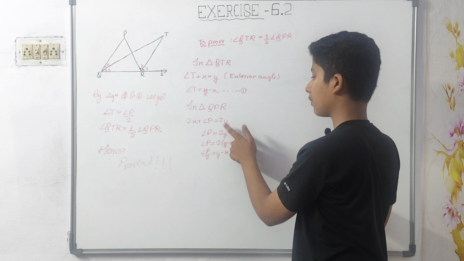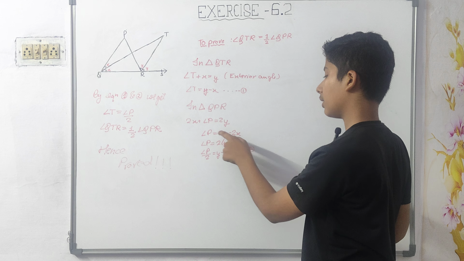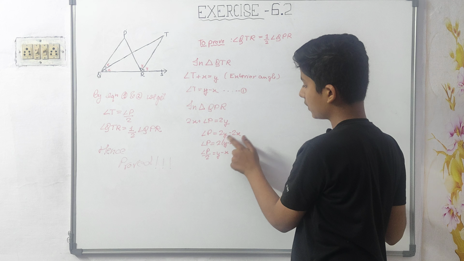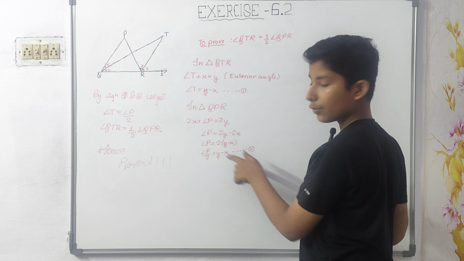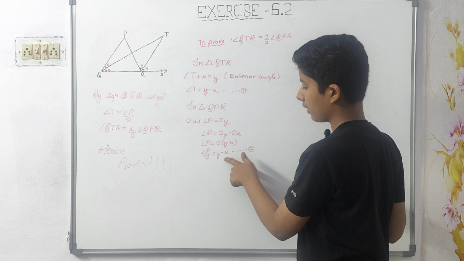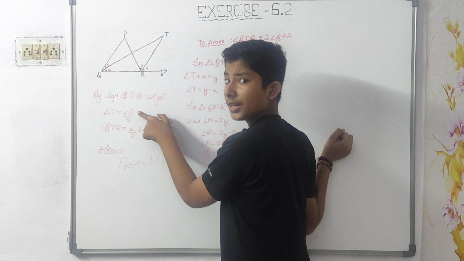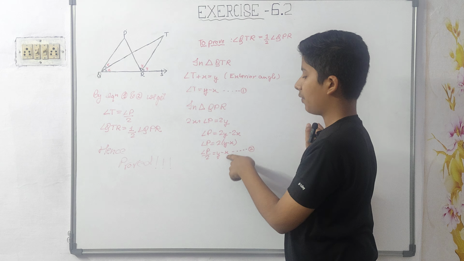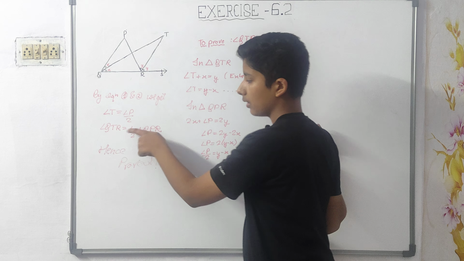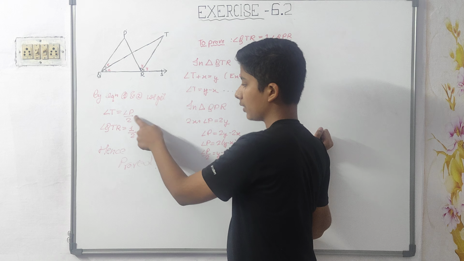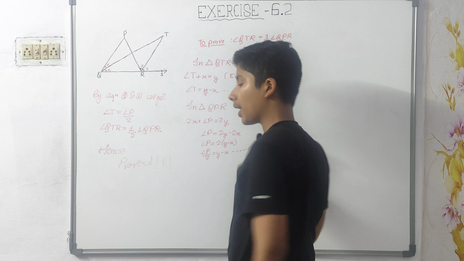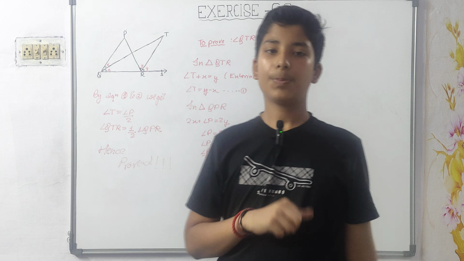So angle P equals 2y minus 2x, we took 2 common and y minus x was left, so angle P by 2. Now we equated both of them because y minus x was common. So T equals P by 2, QTR equals half of QPR, and hence proved.